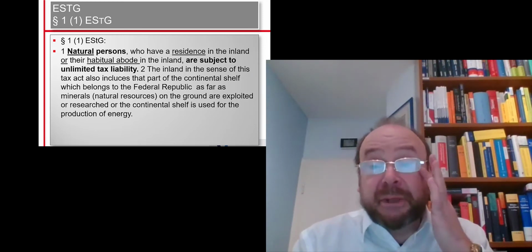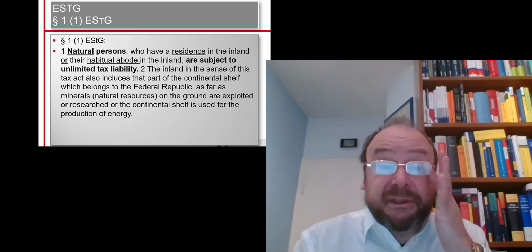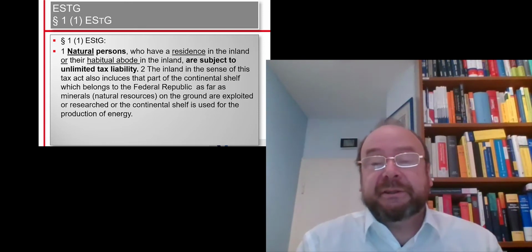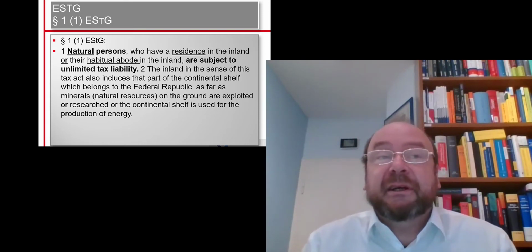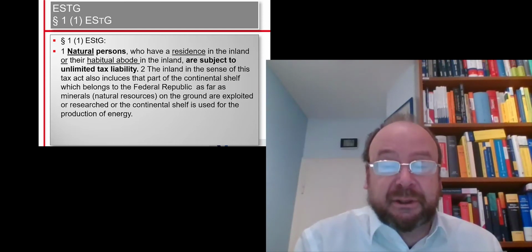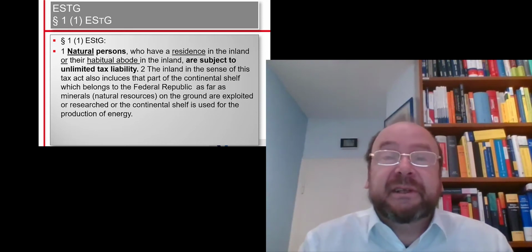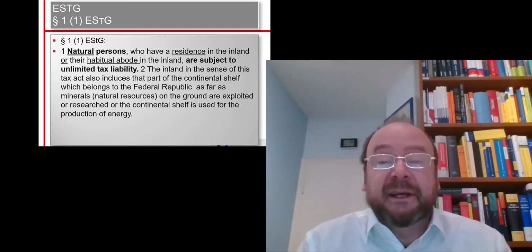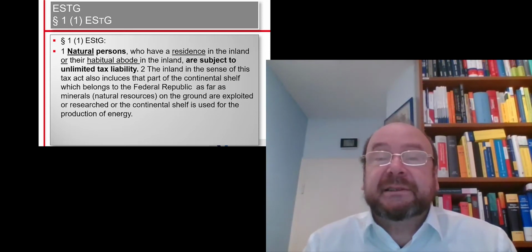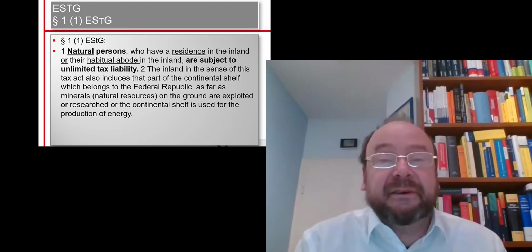In that case you would be subjected to unlimited tax liability. By the way, if we use our common sense and look at the sentence, it's clear why a legislator who is a bit wise must take these criteria.